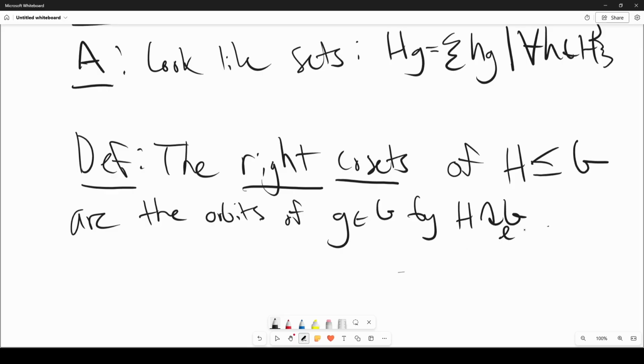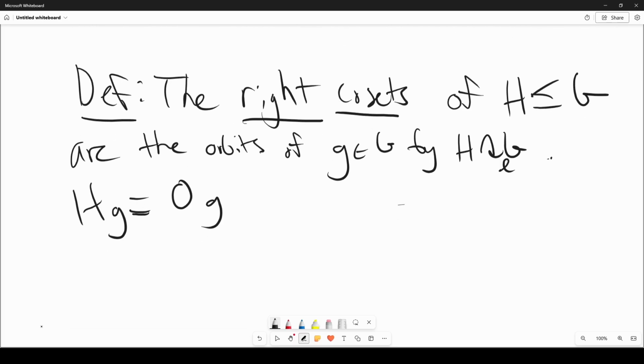Another way of understanding them is as the sets Hg, which is equivalent to the orbit of g. I'm calling these the right cosets because you multiply by g on the right. There's also an equivalent definition of left cosets where you multiply by g on the left, which I'm going to define at the end as an exercise.